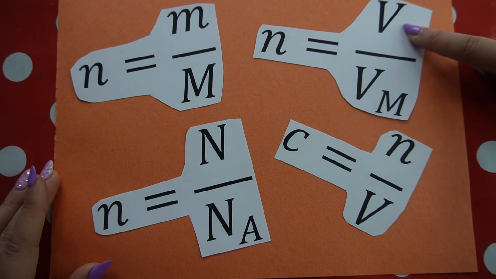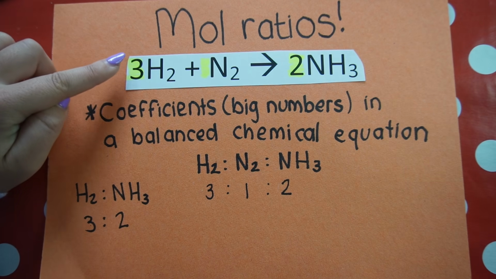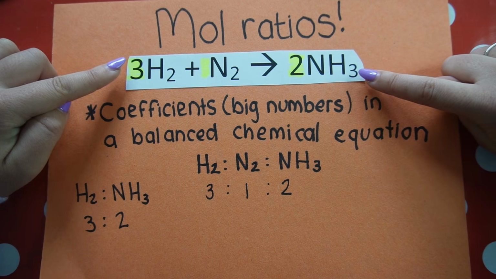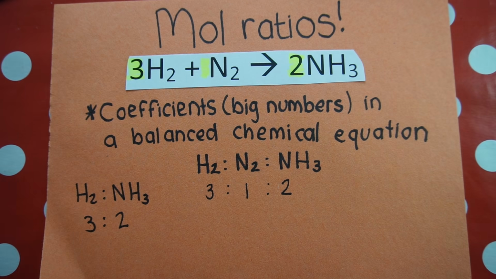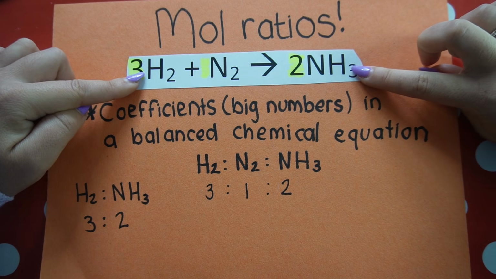You need to use mole ratios. So you'll use the fact that 3 moles of hydrogen produces 2 moles of ammonia, and you will work out, therefore, if I react 10 moles of hydrogen, how many moles of ammonia will be produced?